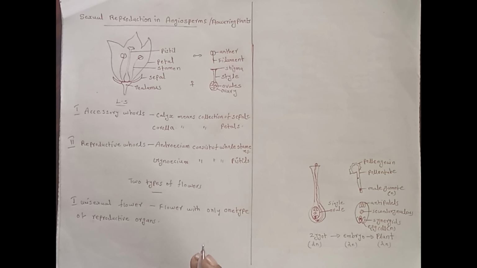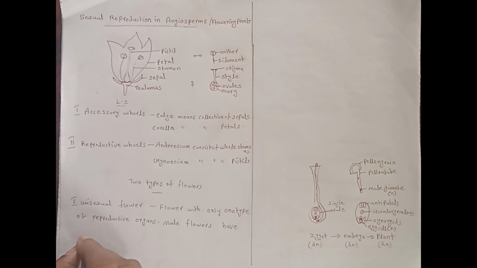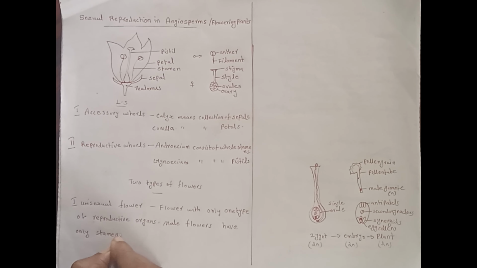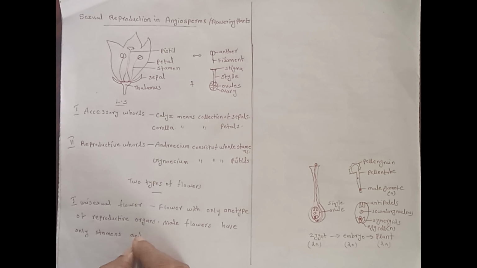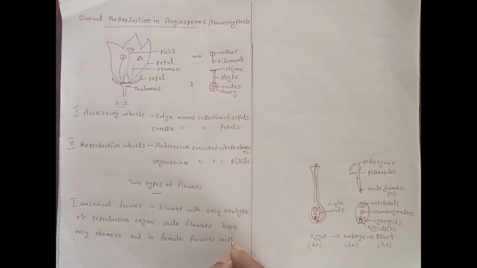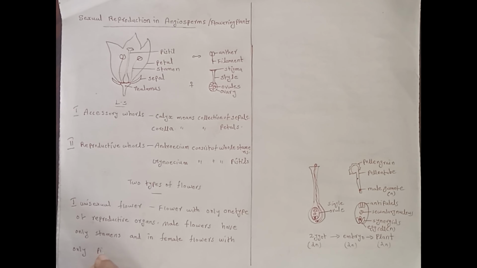That is, male flowers have only stamens, and in female flowers only pistils are seen.